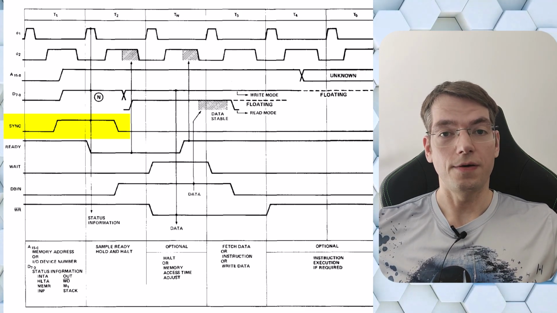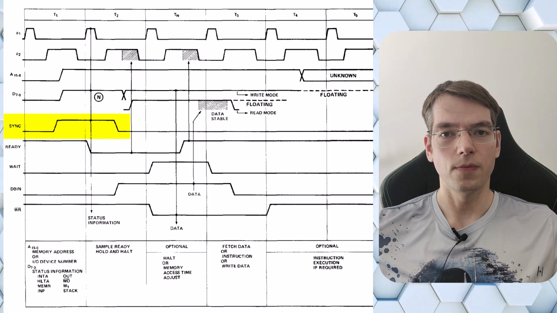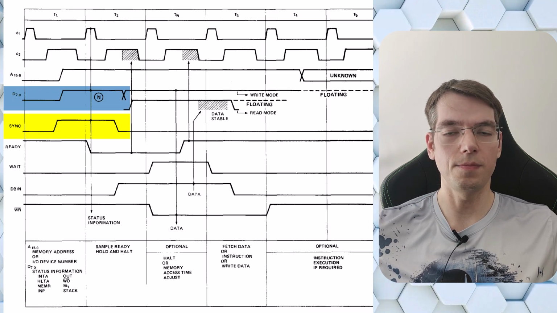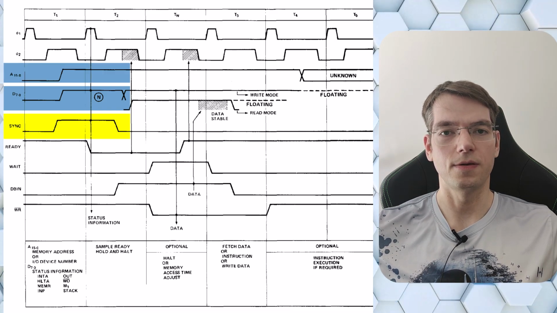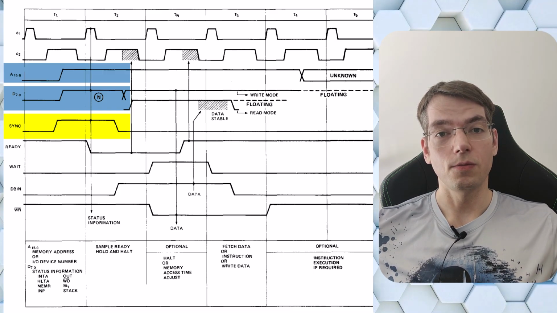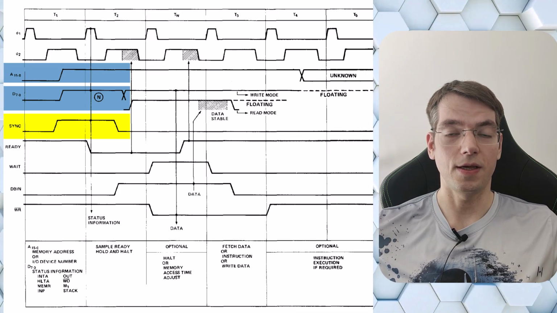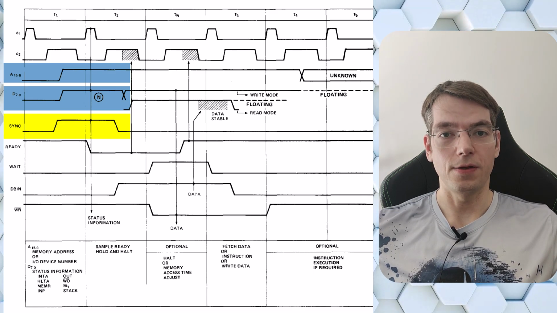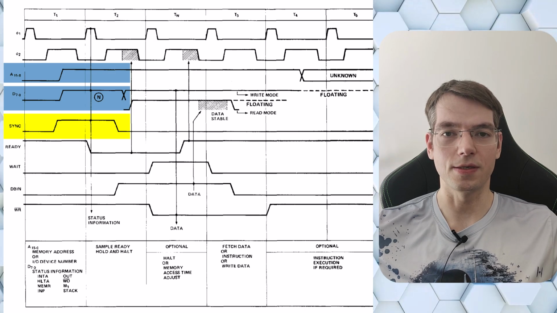And shortly after the rise of that signal, the CPU outputs information about its internal state on the data pins and about the target address on the address bus. We need to be careful while reading the data and address buses, because we want to read them at a particular moment when there is actual data on the buses.